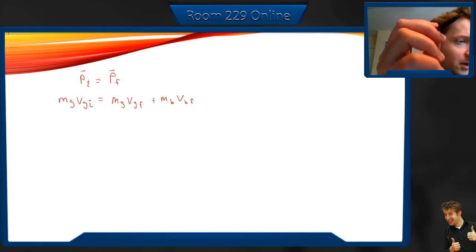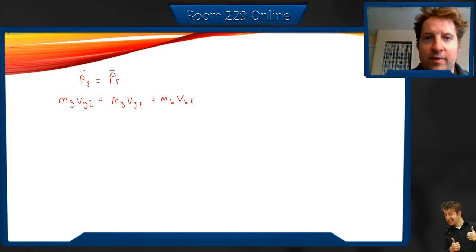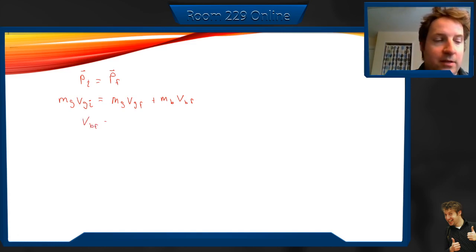So isolating for the velocity of my billiard ball at the end, it's going to be equal to the golf ball's mass and the difference in their velocities, the amount of change in the velocity. That's the initial velocity of the golf ball, take away the velocity of the golf ball afterwards, all over the mass of the billiard ball.